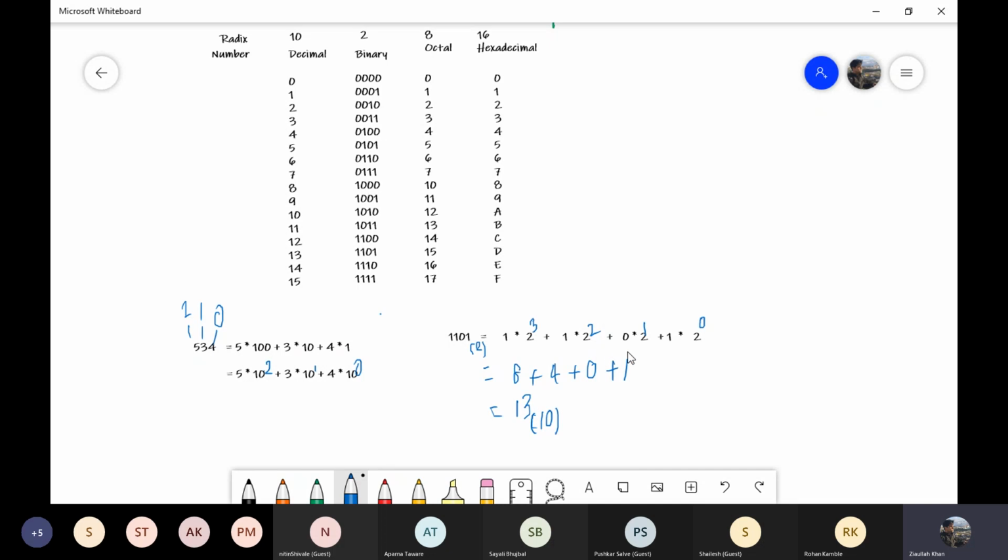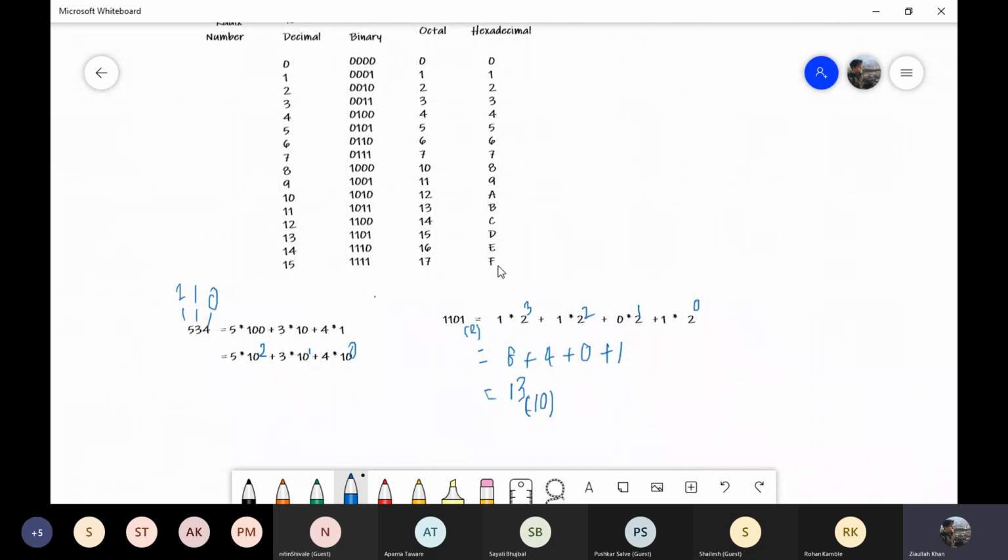I'll have to do this kind of weighted multiplication with the digits, and add those up to reach a value. But in hexadecimal, it becomes extremely straightforward, because the series kind of runs parallel to each other. So if I have to put the next digit after F in hexadecimal, it is going to be 1 followed by 0.